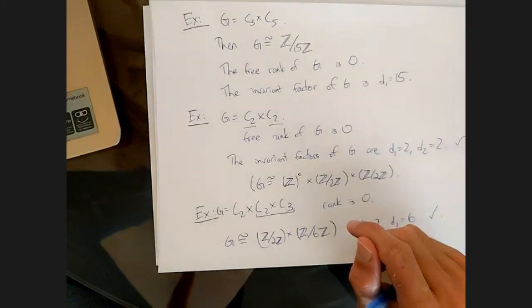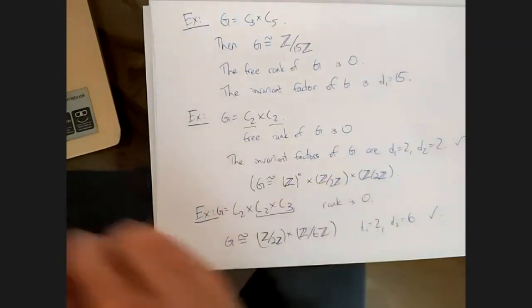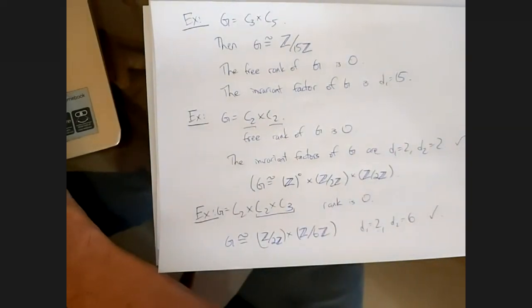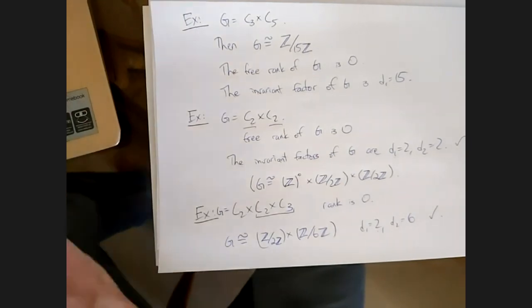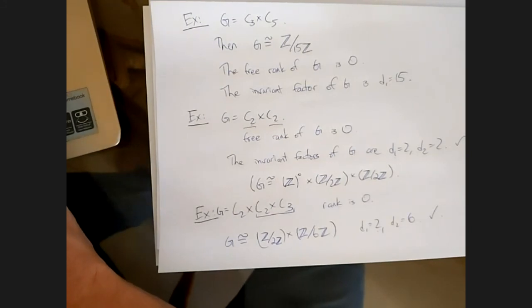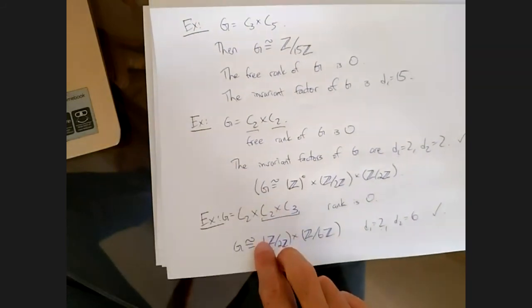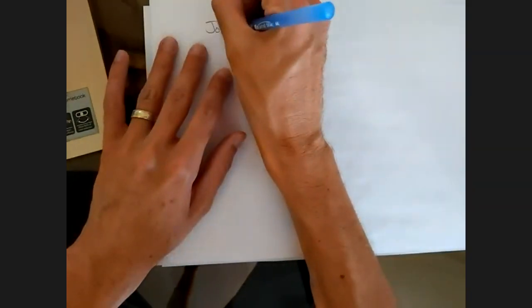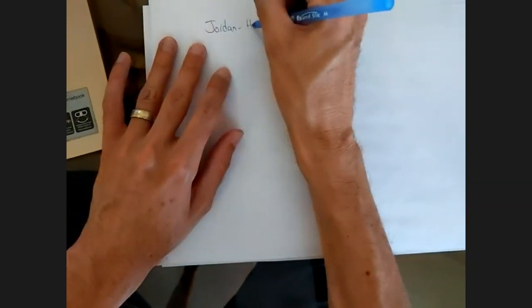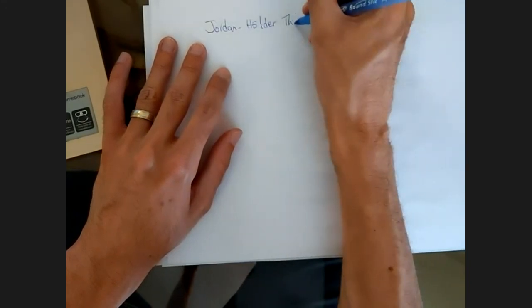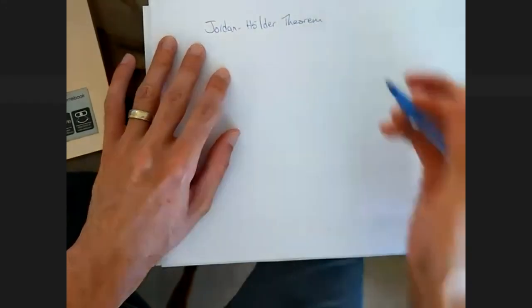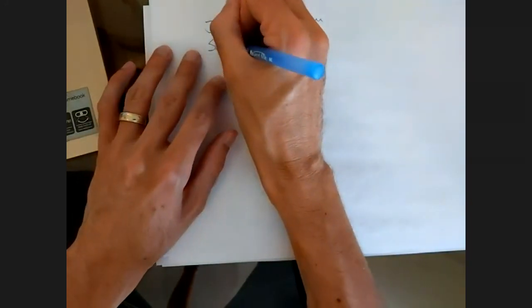So, just following along with the notes, our last topics of group theory are the following. You have the Jordan-Hölder theorem, and we have the topic of solvable groups.